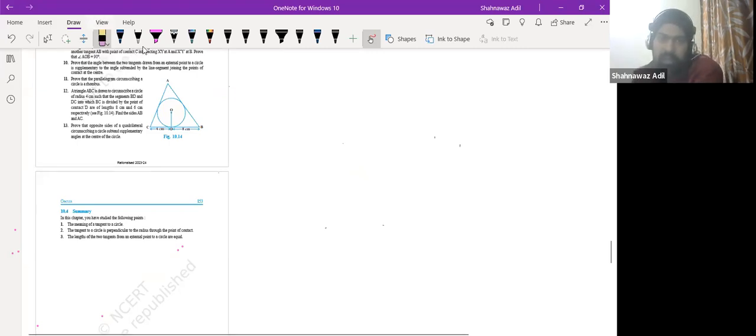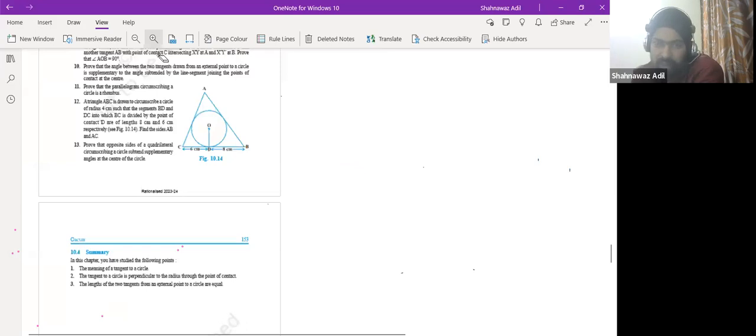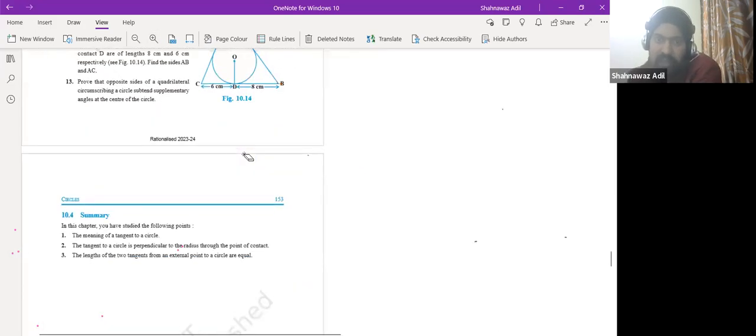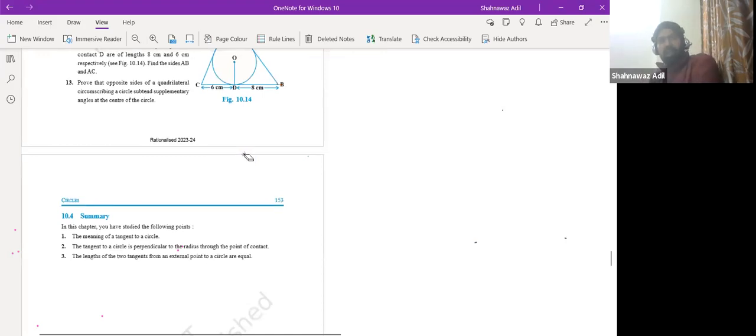Now, it's to prove that opposite sides of a quadrilateral circumscribing a circle subtend supplementary angles at the center of the circle. Right. So we have a quadrilateral, and then there is a circle inside that quadrilateral.